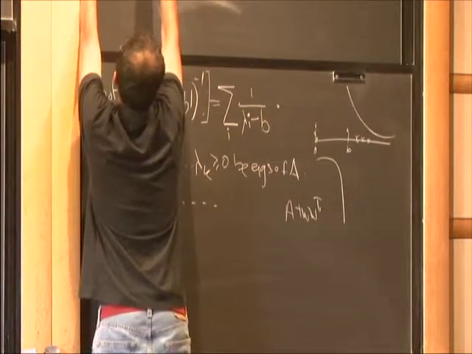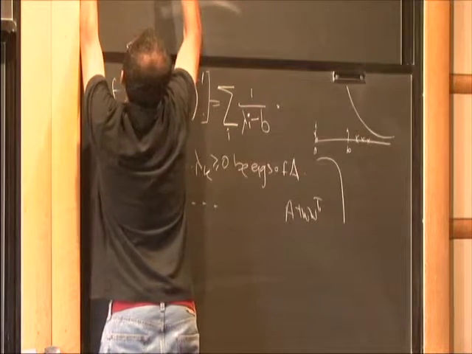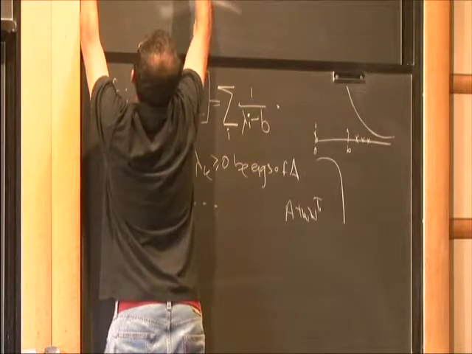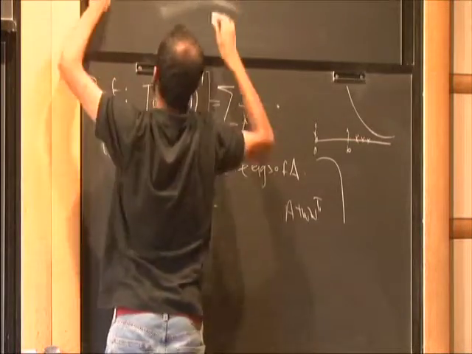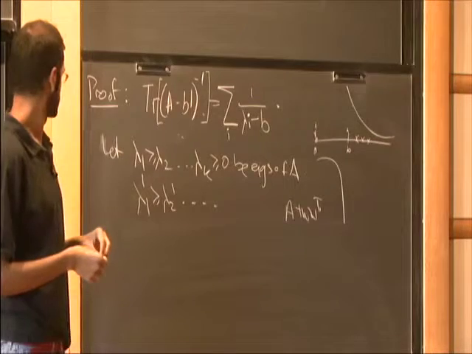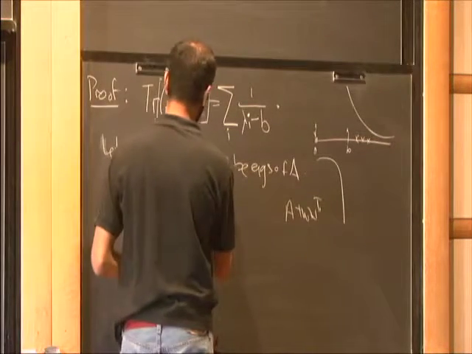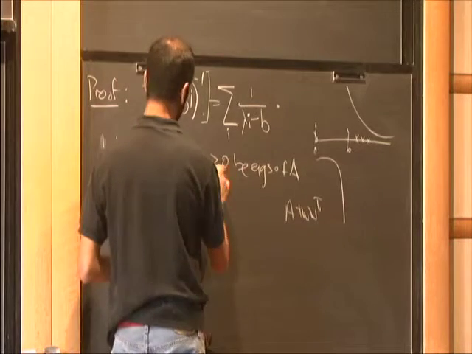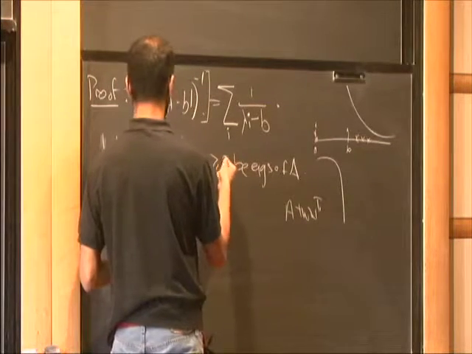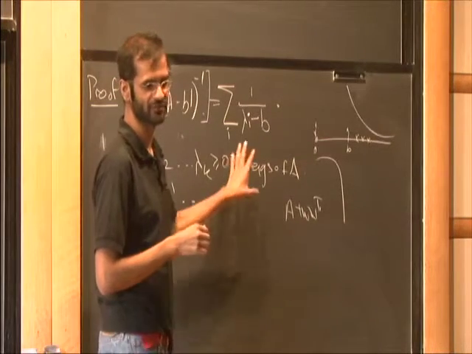This has the assumption that lambda k of A is bigger than B, and lambda k plus 1 of A is 0. I don't actually even need that; I'm just writing it to simplify.